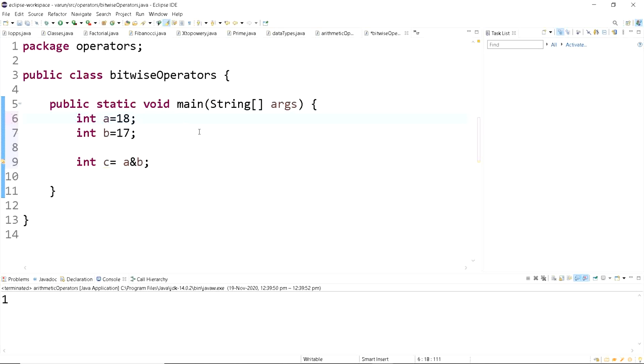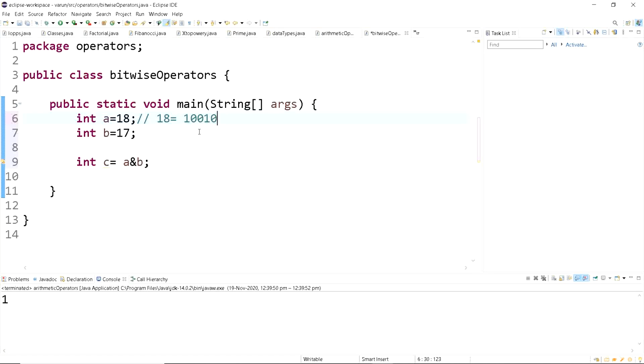So a is 18. The number 18, when you write it in binary, is written as 10010. This is how you write it in binary. Many of you might not be aware of how to write this number in binary.